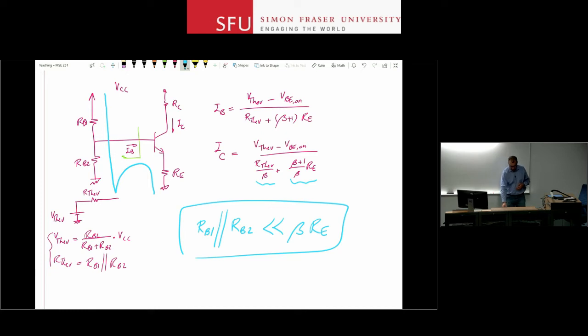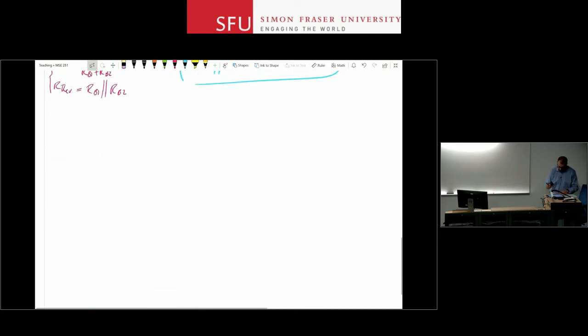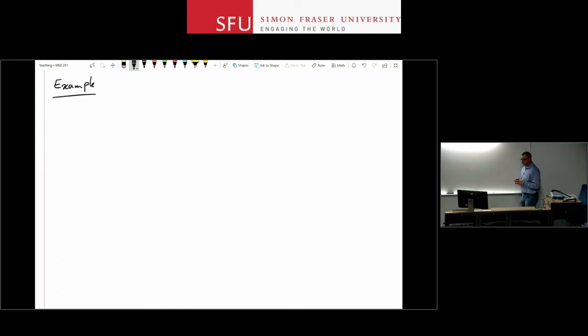Now, let's do a quick bias circuit design example. So here's the example. We have so far talked about NPNs. Let's look at a PNP example in this case. So I have a circuit like this here.